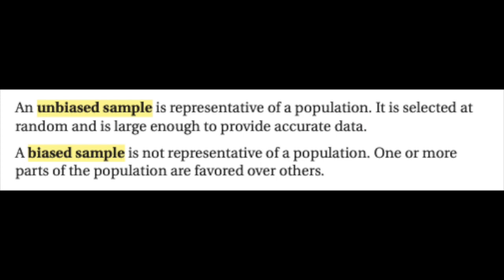It has to be a large enough sample to provide that accurate data. A biased sample is going to be something that is not representative of the entire population. One or more parts of the population are favored over other parts. So again, within samples, we're going to have unbiased and biased samples.